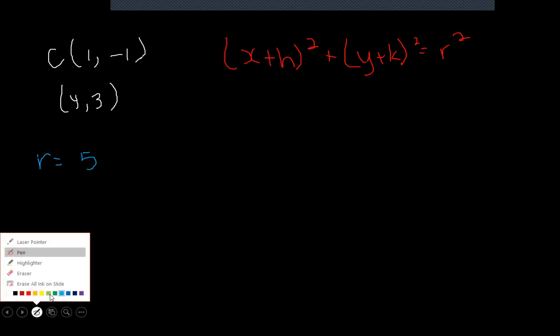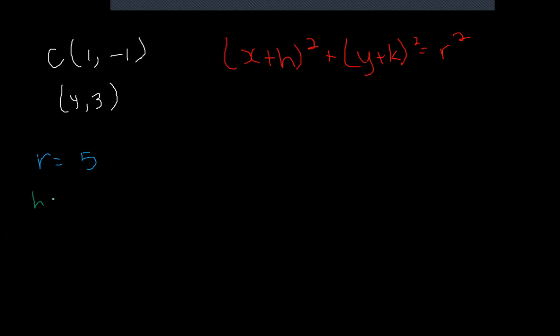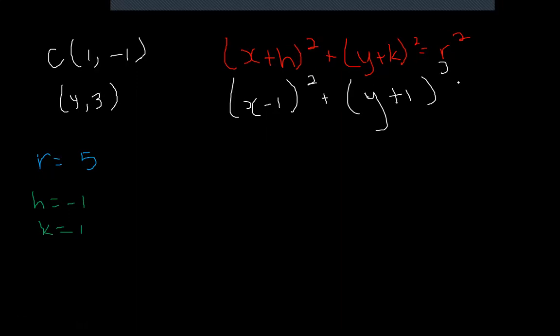We also found out in the method we just did that h is minus 1 and that k is equal to 1. So what I have to do now is substitute the values. Put back the x, h is minus 1, so that's x minus 1 squared, plus y plus 1, because k is 1, squared is equal to r squared. Since r is 5, 5 squared is equal to 25. So this is my standard form.